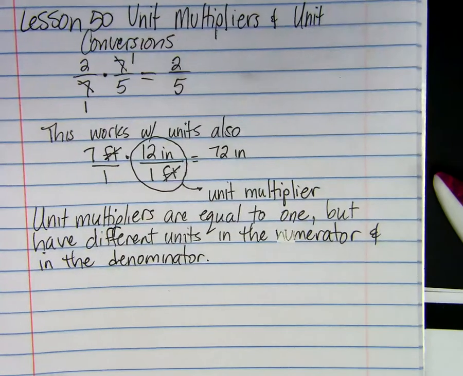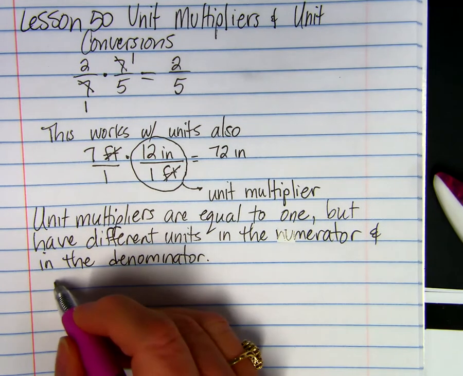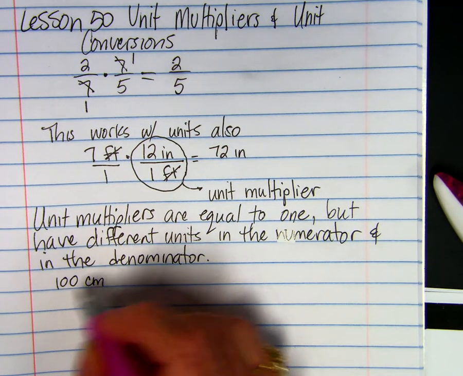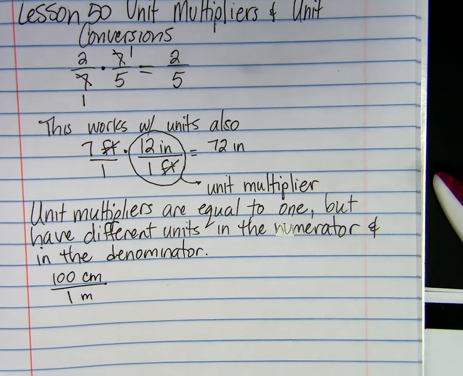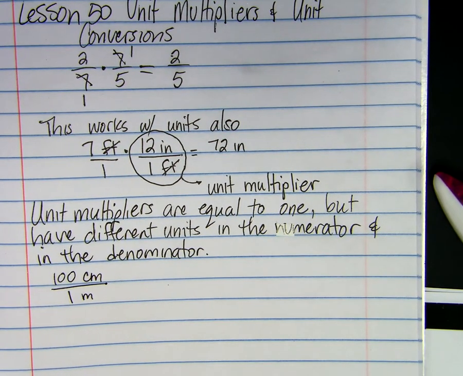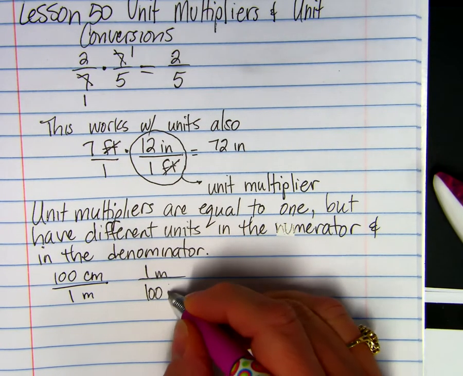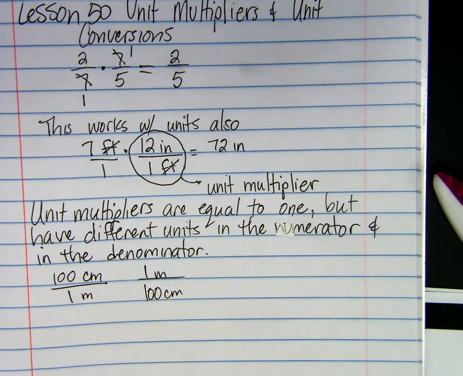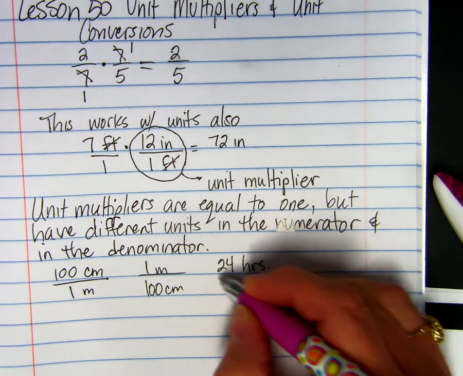So let's give an example of some unit multipliers. If we do 100 centimeters over 1 meter, that's a unit multiplier because 100 centimeters is equal to 1 meter. Or we could even do the reciprocal of that, 1 meter over 100 centimeters. You could do 24 hours in 1 day.